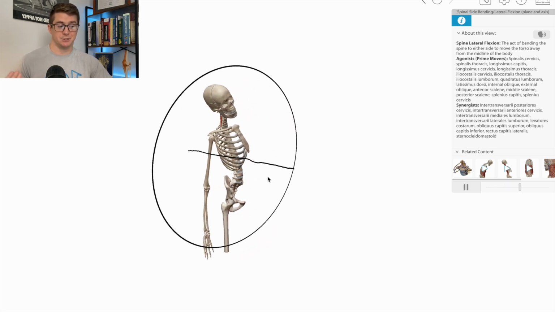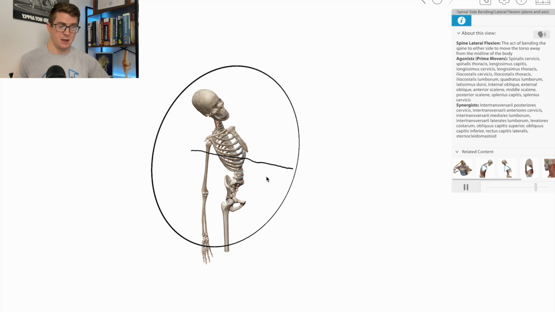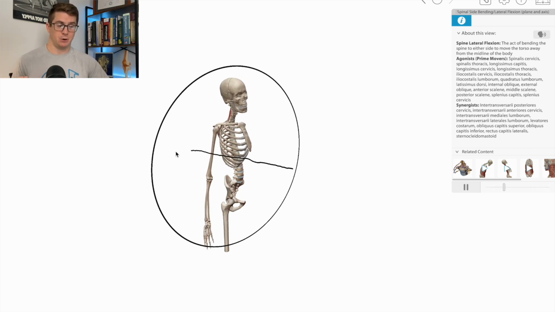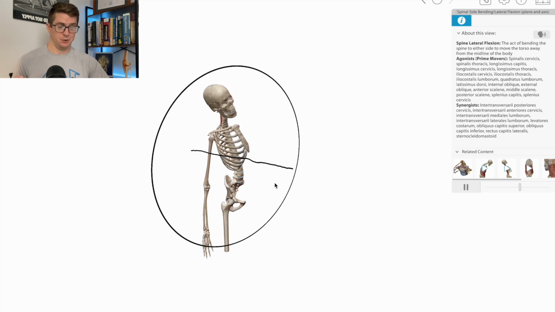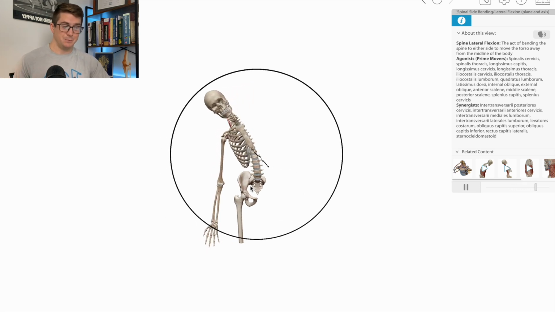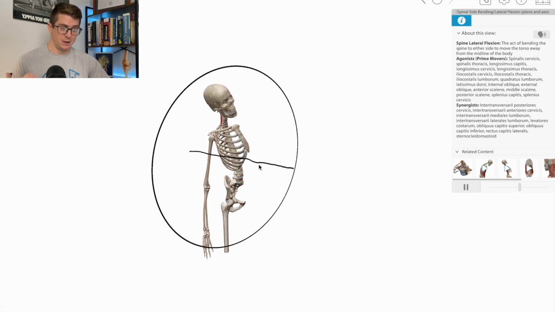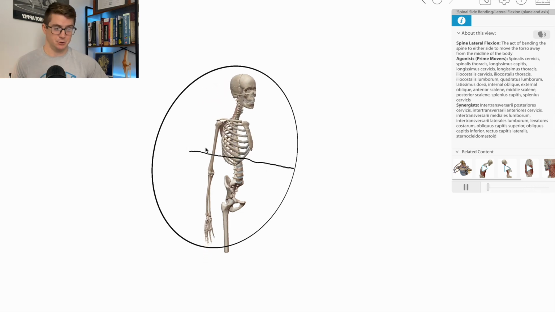And now that we know that, the coronal plane requires an anterior to posterior oriented axis of rotation. So trunk side bending relative to anatomical neutral position is moving through the frontal plane and about an anterior to posterior axis of rotation.